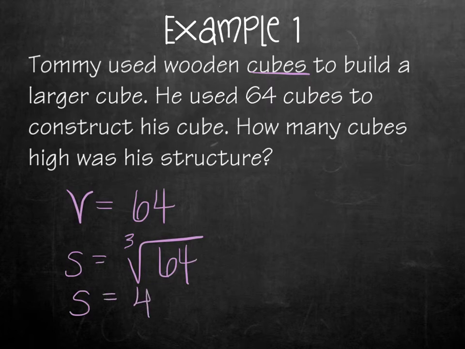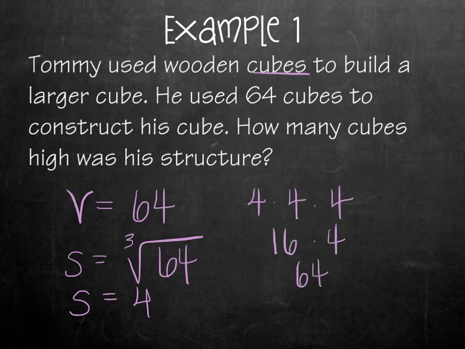I can test that out to make sure it makes sense. You could draw out what Tommy's structure looks like, or you could do math. 4 times 4 is 16, and 16 times 4 is 64. So I've proved that the cube root of 64 is in fact 4. There's the answer to my question.